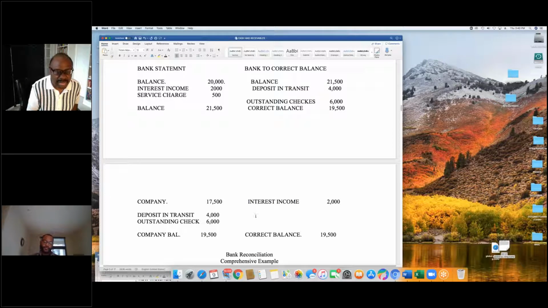Then we have the service charge, and the service charge was 500. So the company doesn't have that.